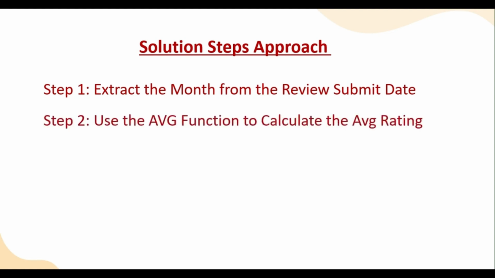The second step would be to use the average function to calculate the average rating. This is very generic, since you want to calculate the average rating, so obviously we are going to use the average function. Now the third step would be to group the data, since we want to calculate the average rating for each restaurant for each month. So there should be a combination of the restaurant and the month. That's why we would like to group the data on restaurant ID and month.